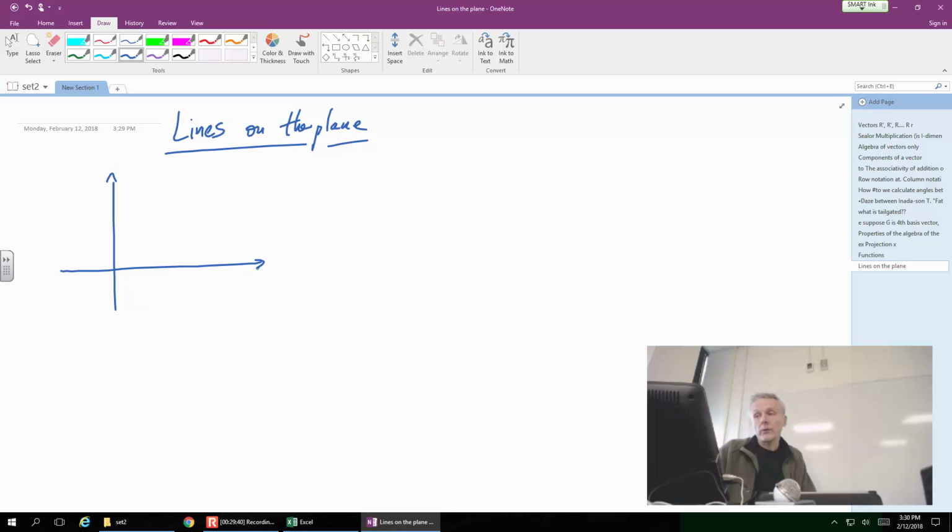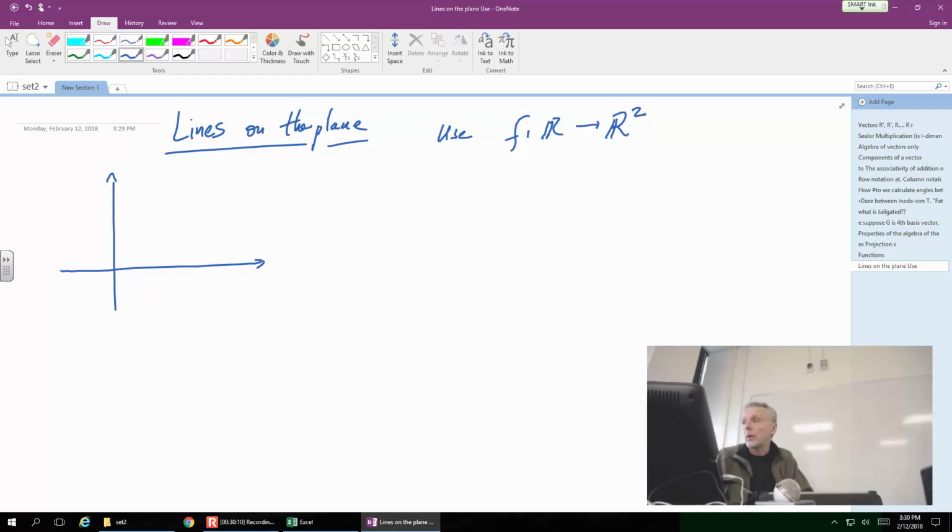I don't want to do y equal mx anymore because it really takes us back, and remember, it excludes the vertical lines to begin with. We want to use the function that we just introduced, a function from R to R2. This is what we want to use for representing lines.